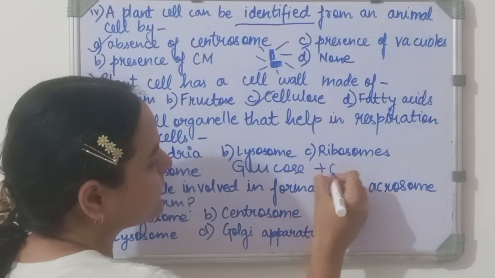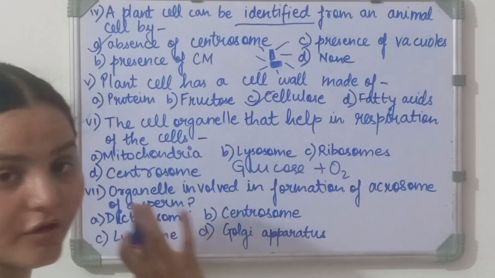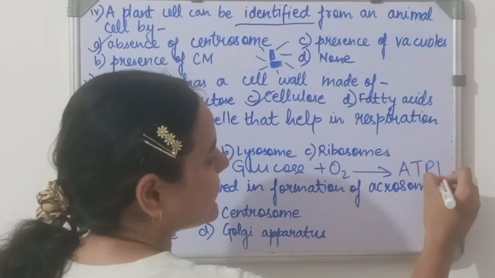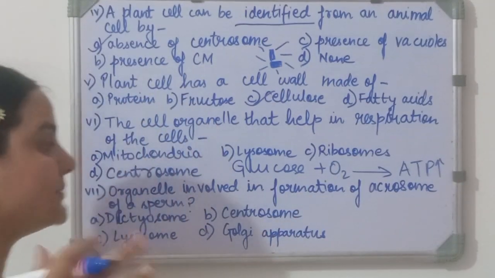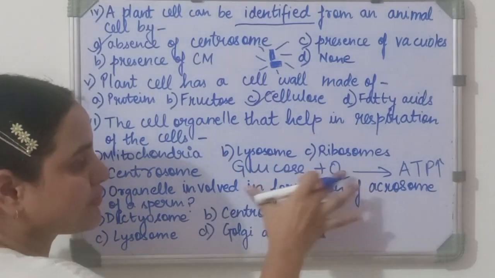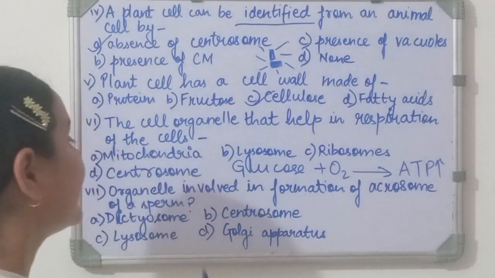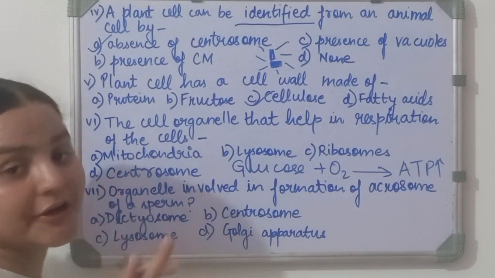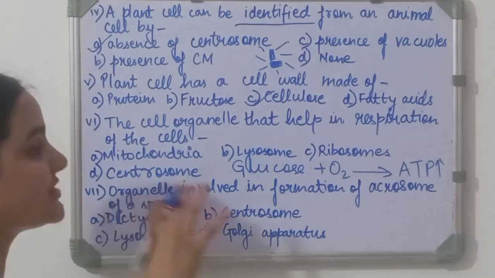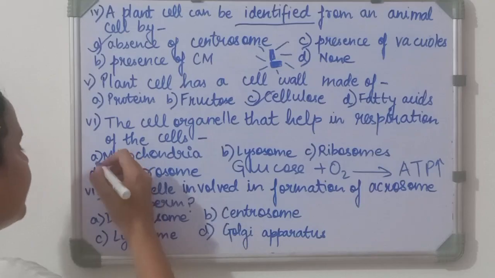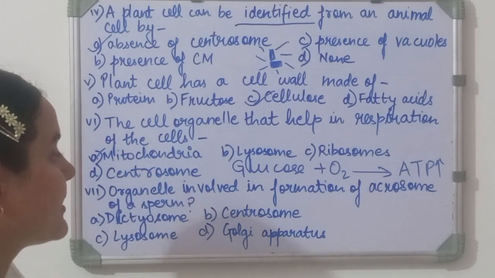It was being broken down in the presence of oxygen and energy, in the form of ATP, was being released. So this process is called cellular respiration and it was happening where? It was happening in mitochondria. So who is responsible for this thing? Mitochondria is responsible for this. So option A is correct.